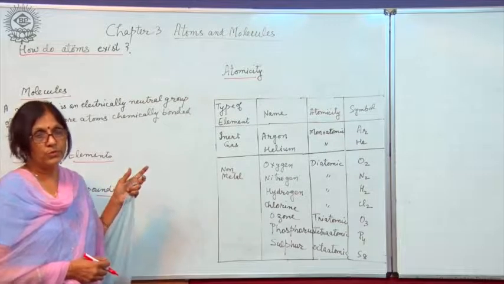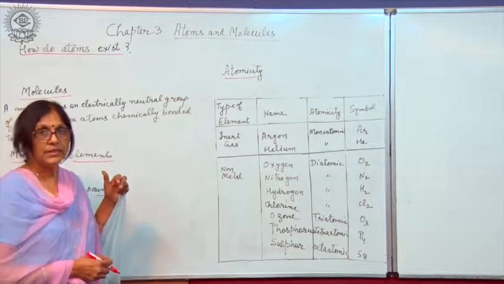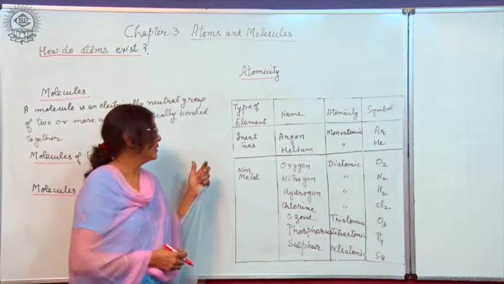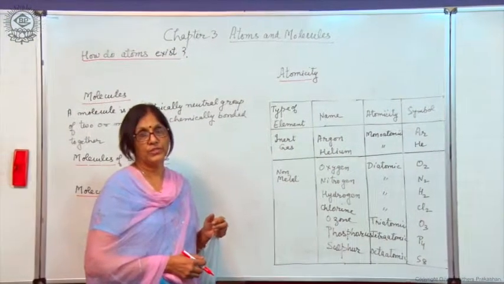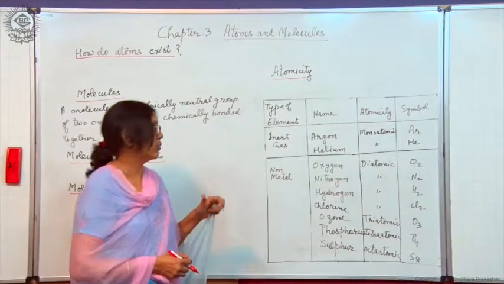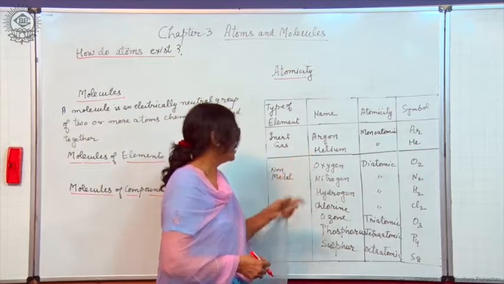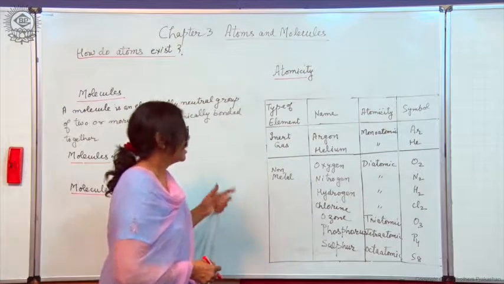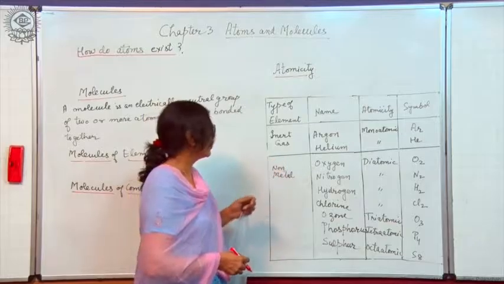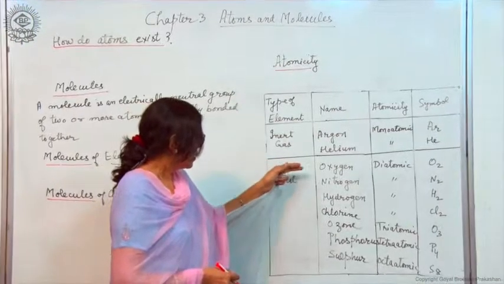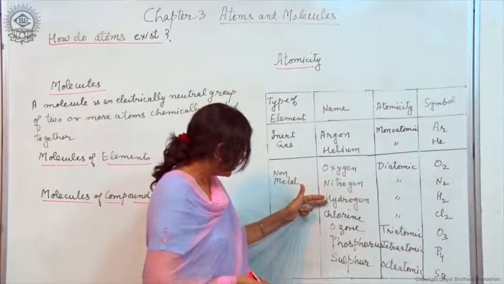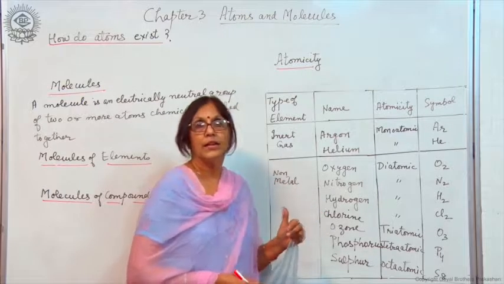As I have just told you, inert gases exist as single atoms, so they are monoatomic in nature. All the inert gases are monoatomic, and some examples are given here. Argon and helium are monoatomic and the symbols are also given. Oxygen, nitrogen, hydrogen, chlorine are diatomic.